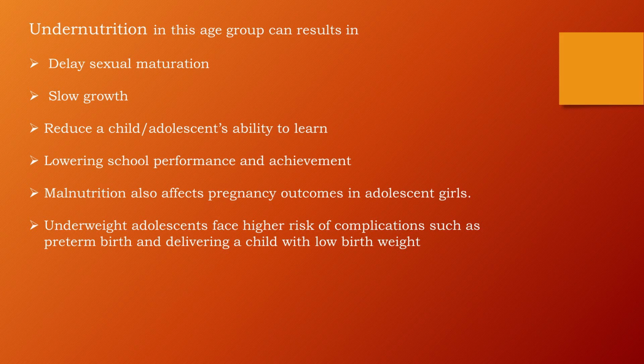Then, if you are an undernourished child, your ability to learn, concentrate, and comprehend will automatically get reduced, which will affect your school performance and your achievement in life. So, lowering of school performance and achievement.